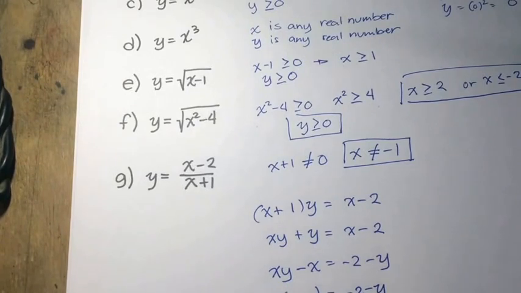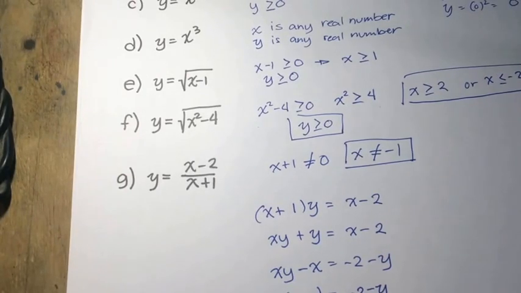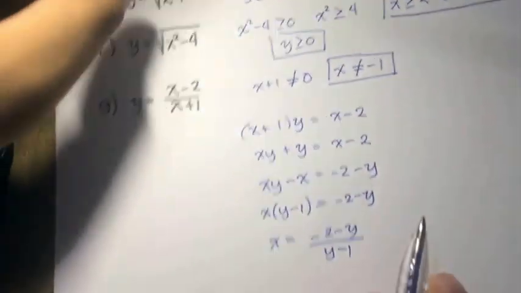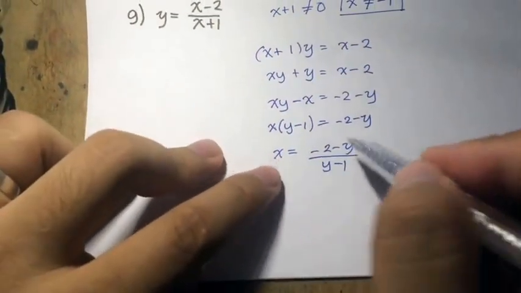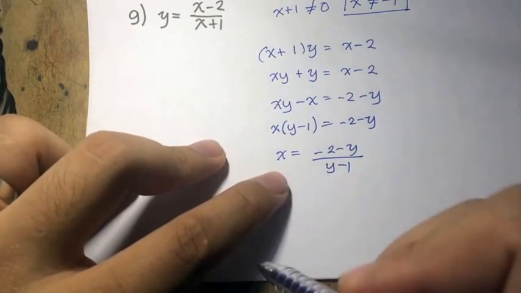So I can see here that x is equal to negative 2 minus y over y minus 1. So this is our function. I'm sorry, let me show that to you. This is our function, in terms of y, we solve it for x.